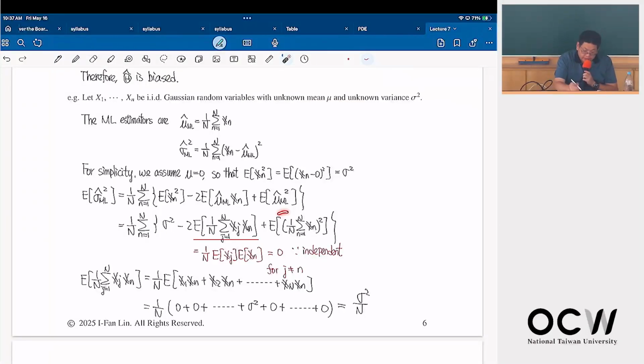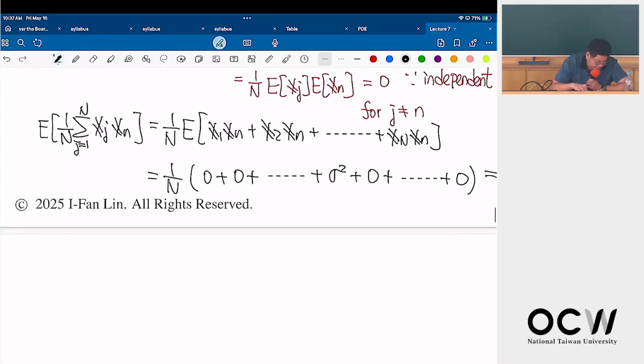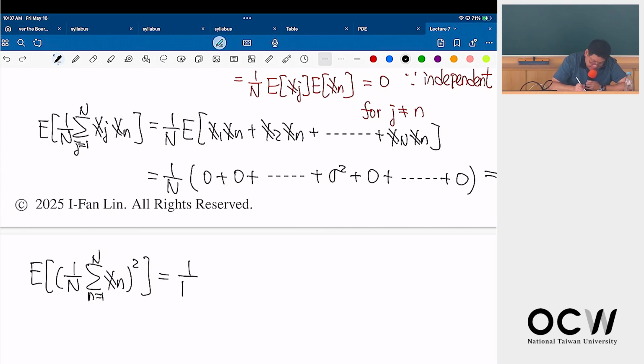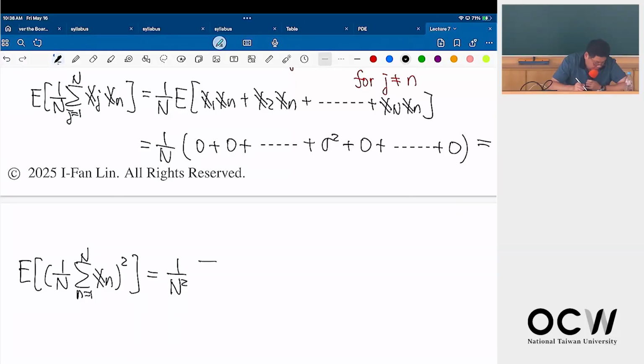Now let's see the last term. For the last term, 1 over capital N summation of xn, n from 1 to capital N, overall squared. This is 1 over N squared times the summation.